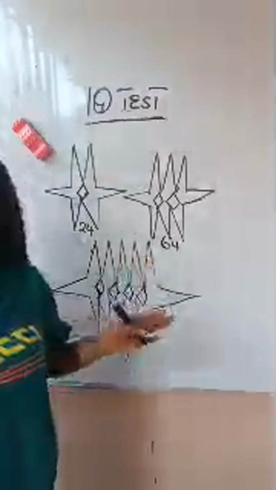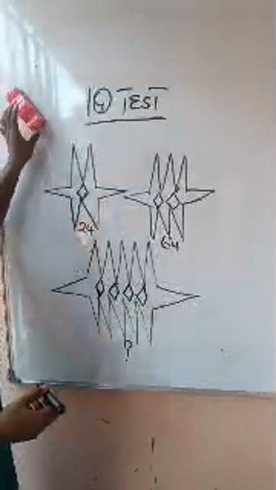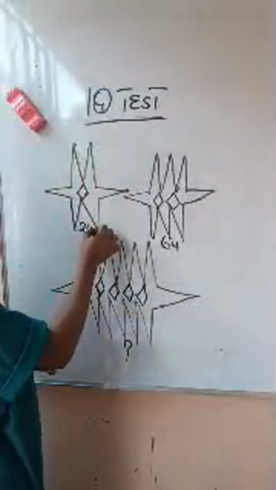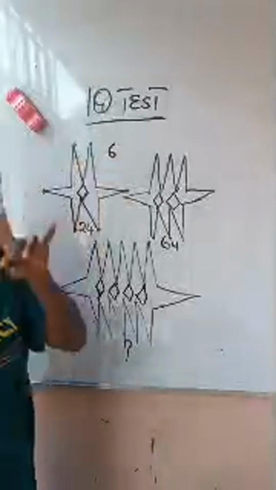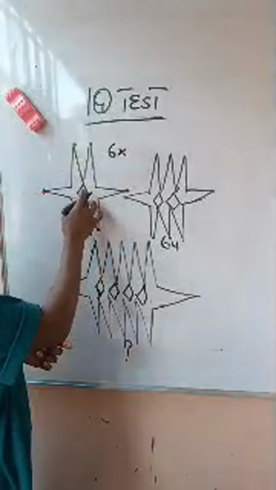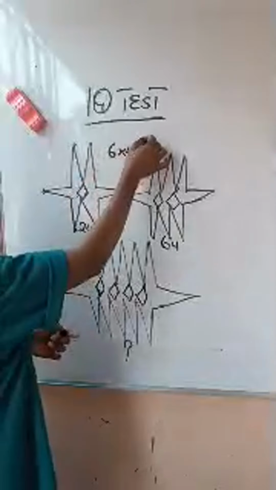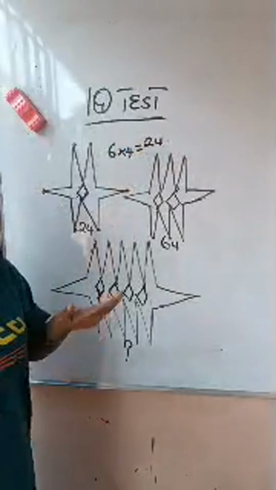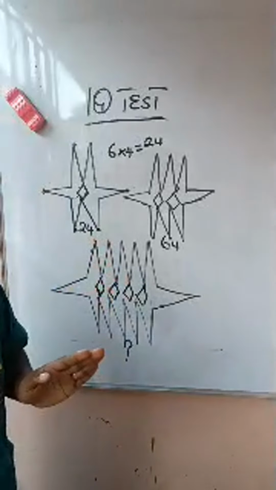Okay, friends, let's do this together. We have 24 here. Let's count the tips: 1, 2, 3, 4, 5, 6. So we have 6 ends. We have 1 diamond, and 1 diamond has 4 sides: 1, 2, 3, 4. If we multiply 6 by 4, we have 24.